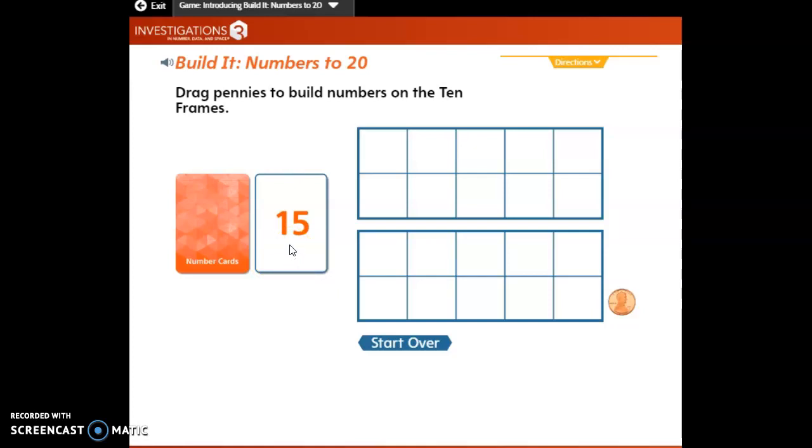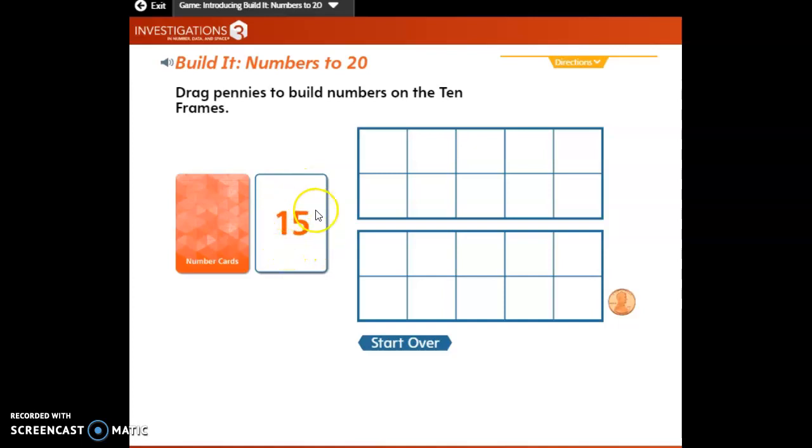If you didn't know that this was the number 15, where could you find the information? You could say, I could find the number 15 on a number line, or I could find the number 15 on a number chart. I can count up to 15. There's a lot of ways that you can figure out that this is the number 15.